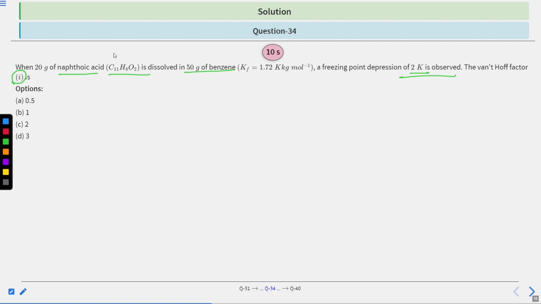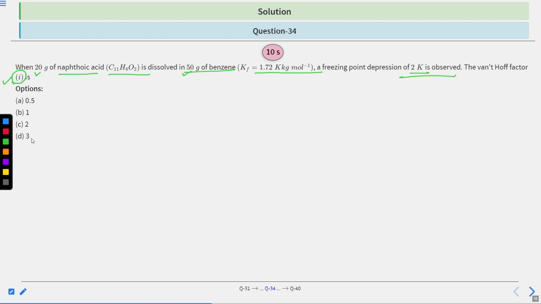So naphthoic acid weight is given as 20 gram and benzene weight is given as 50 gram. Its Kf is given as 1.72 Kelvin kg per mole, and we have to find out the depression. The depression in freezing point is given as 2 Kelvin, and the Van't-Hoff factor we have to calculate, that is i. Options are 0.5, 1, 2, 3.